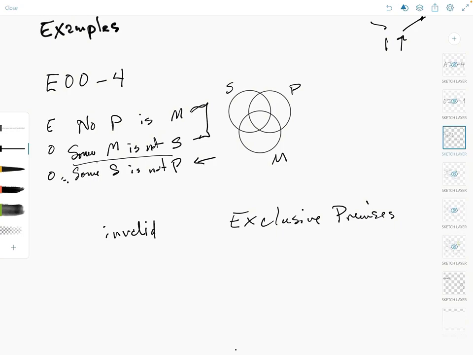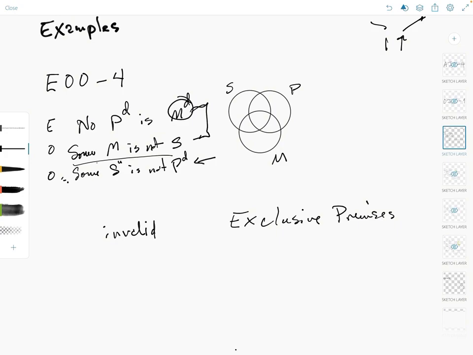Is the middle term distributed at least once? Well, this is an E, so that's a distributed subject, distributed predicate. That's an M, that's distributed. So yes, the middle term is distributed at least once. Now look at the conclusion. We have undistributed subject and distributed predicate. How do I know that?